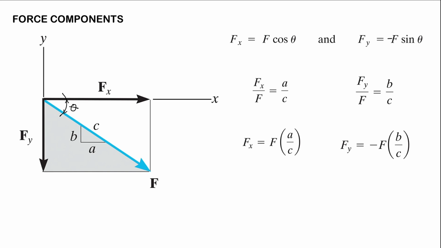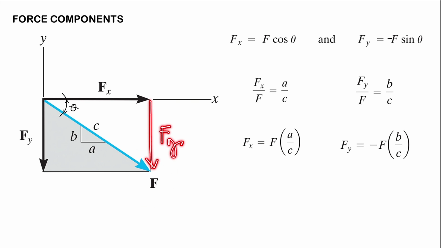Alright, so let's do a review of our force components. So let's say we're trying to solve for the first component of your force F right here. What we're going to do is project our force Fy, the y component of our force, and we're going to consider this right triangle. If we want to solve for the x component of our force, we're just going to use cosine.